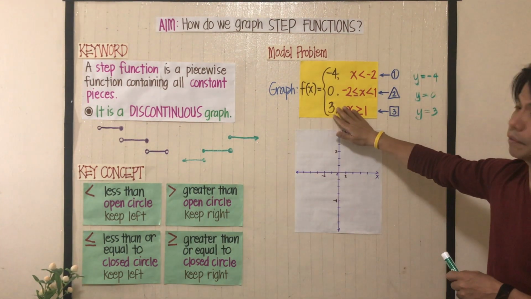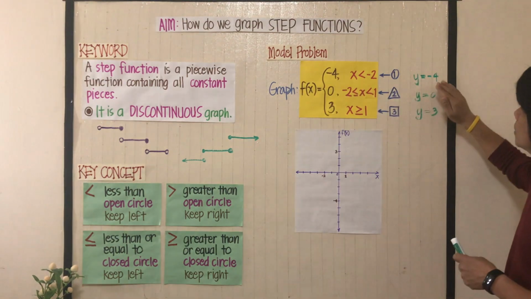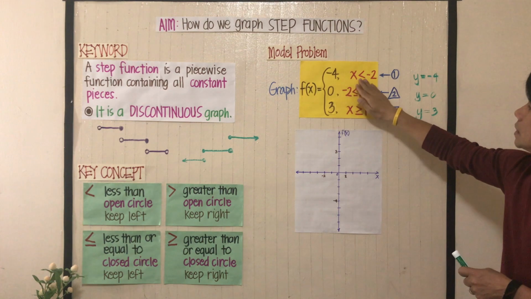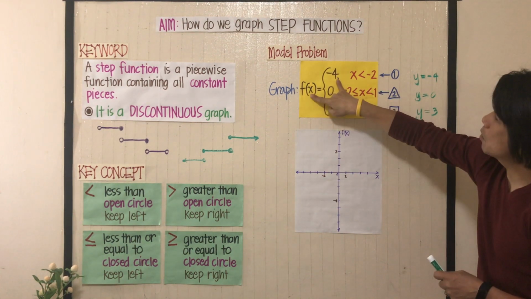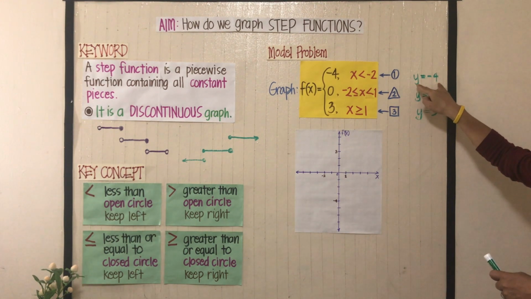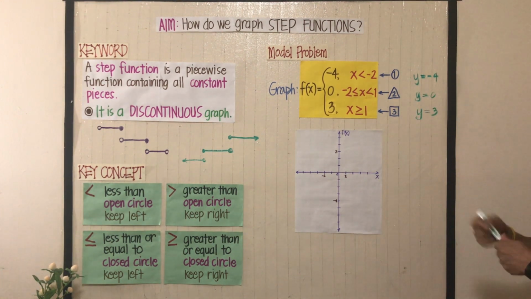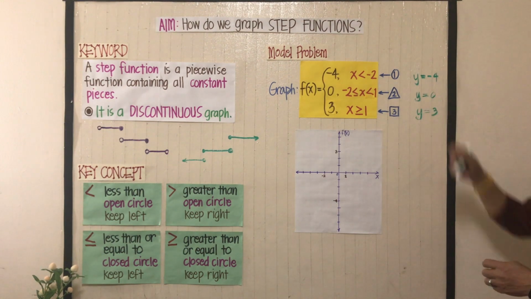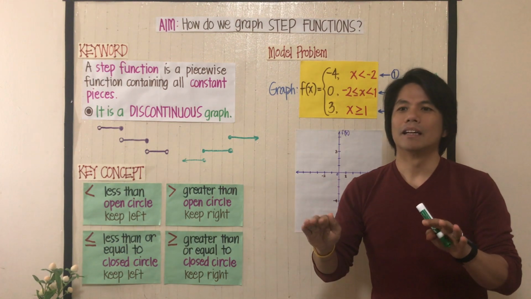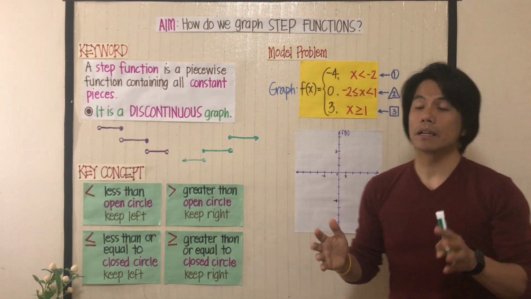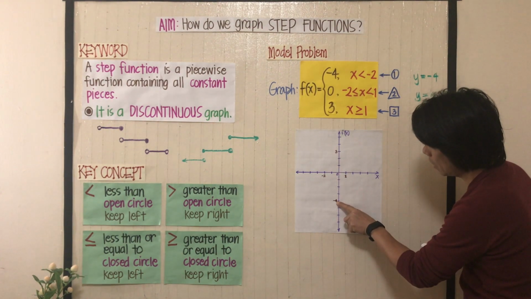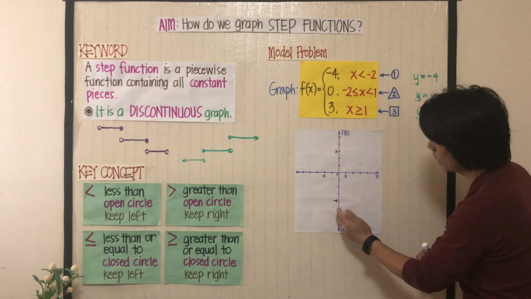How are we going to graph this function? As I have mentioned earlier, f of x equals -4, where x is less than -2. This portion is equivalent to this. But where is that on the graph? How do we graph y is equal to -4? Meaning, on every point on that line, the y coordinate is -4. Where is that? If I'm at the origin, I go down to the -4 on the y-axis.